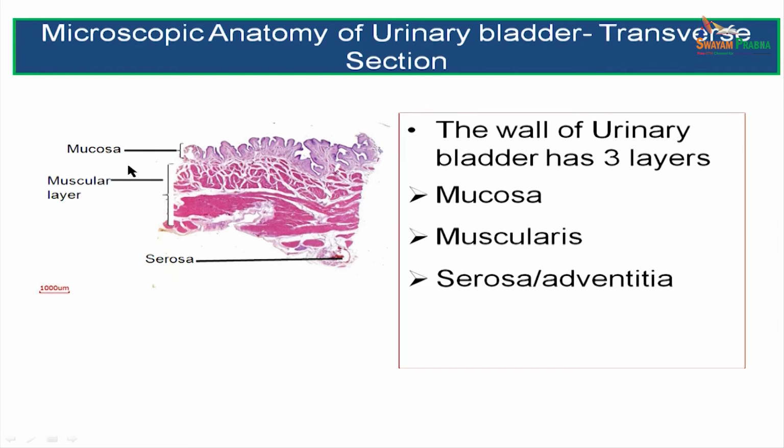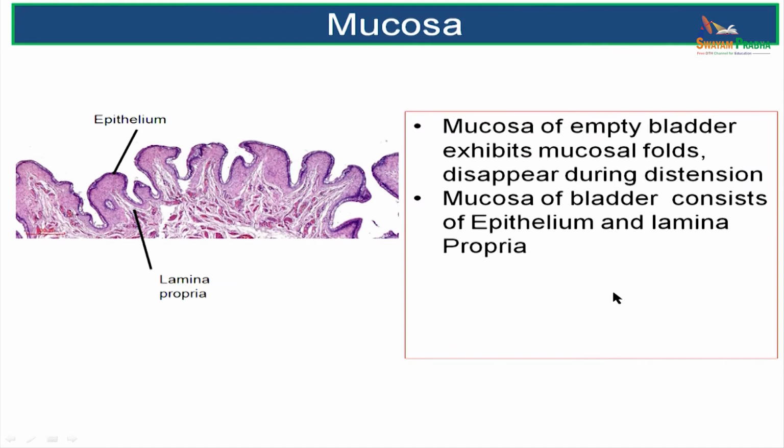The innermost layer is the mucosa, then the muscularis layer or muscular coat, and the outermost layer is the serosa or adventitia. Three layers: mucosa, muscular layer or muscularis, and serosa or adventitia. In some areas it is serosa, and in some areas it is adventitia.